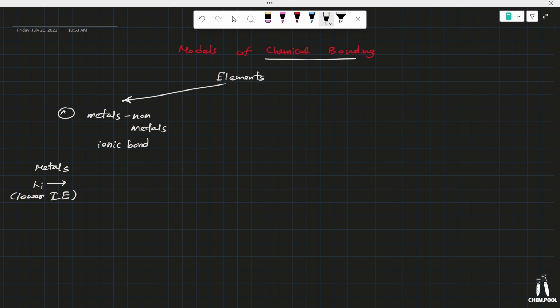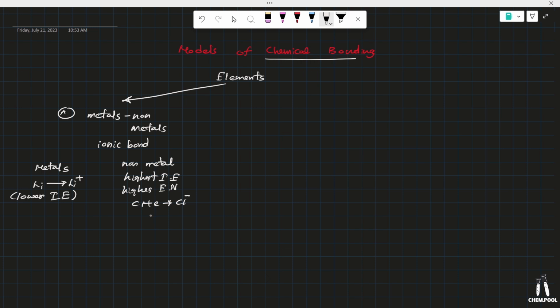Then for non-metal, what happened? It has the highest ionization energy, as well as the highest electronegativity. Then it can gain the electrons. For example, chlorine can gain an electron and become chloride.